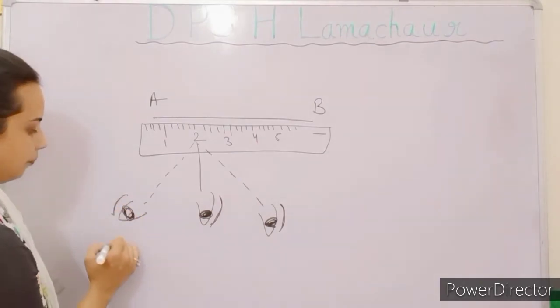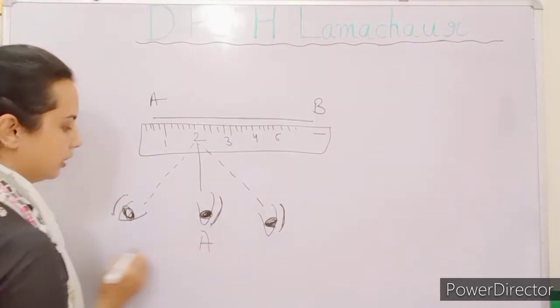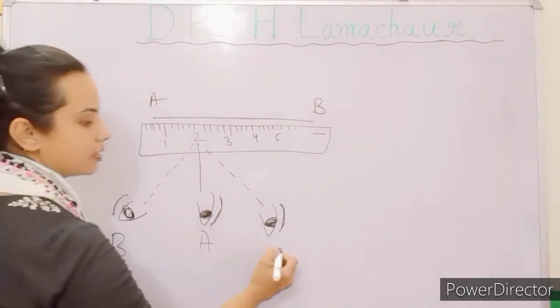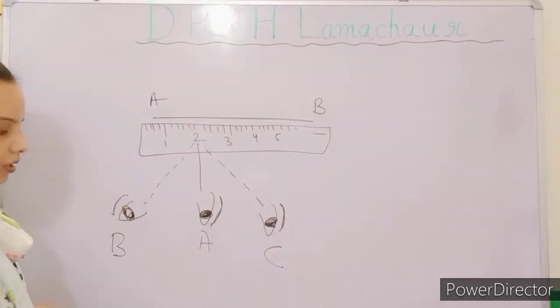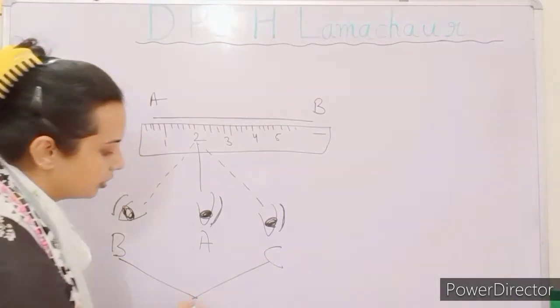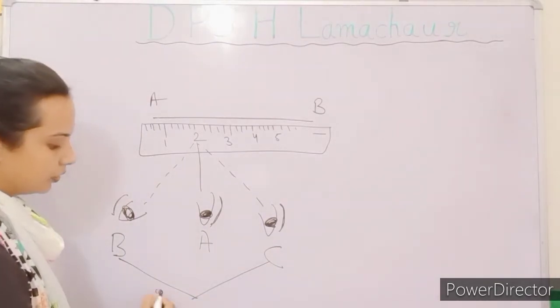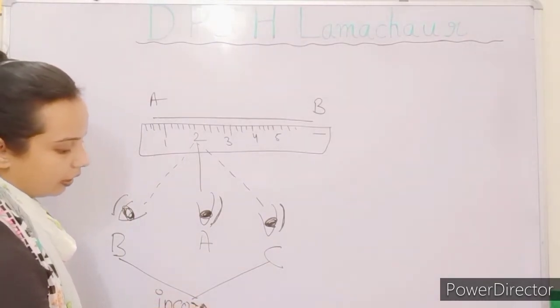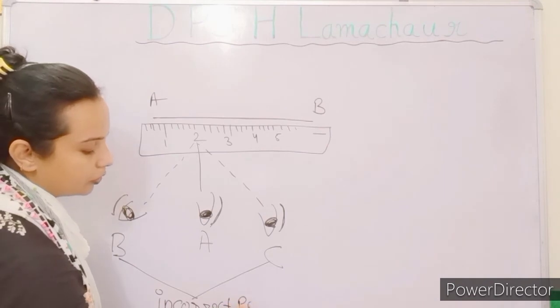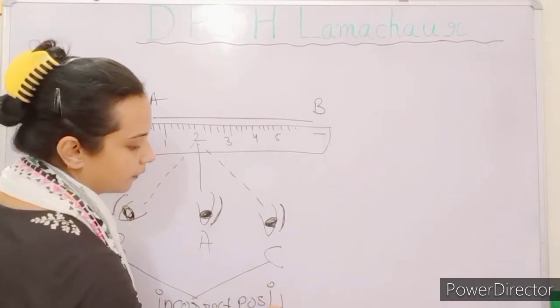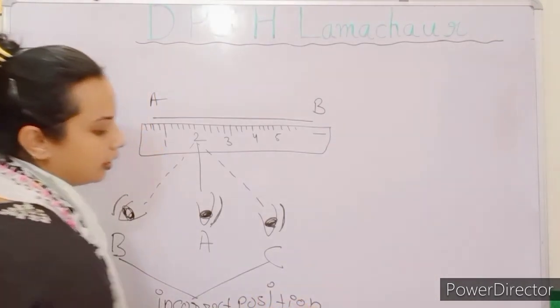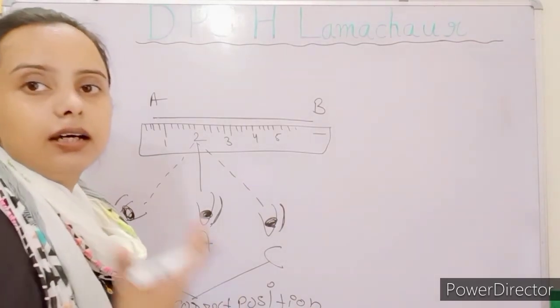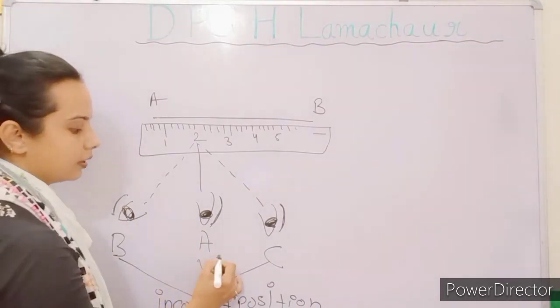So this is A position, this is B and this is C position of your eye. So B and C are the incorrect position of taking any reading, and A is the correct one.